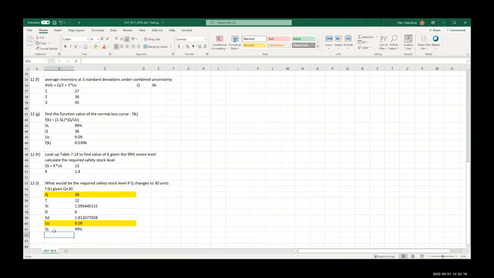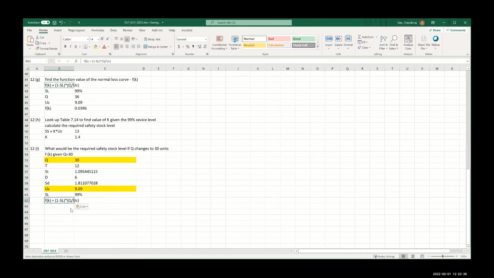So our FK, let's just copy down our FK to here. So the new FK would be 1 minus 99% times Q divided by combined uncertainty. So our FK is this.